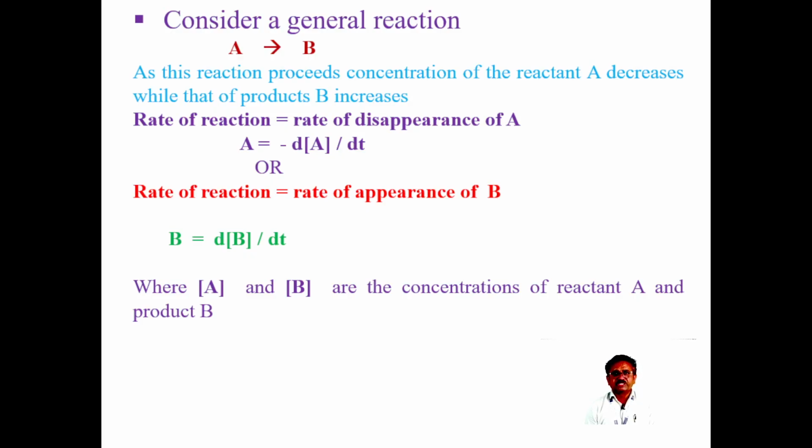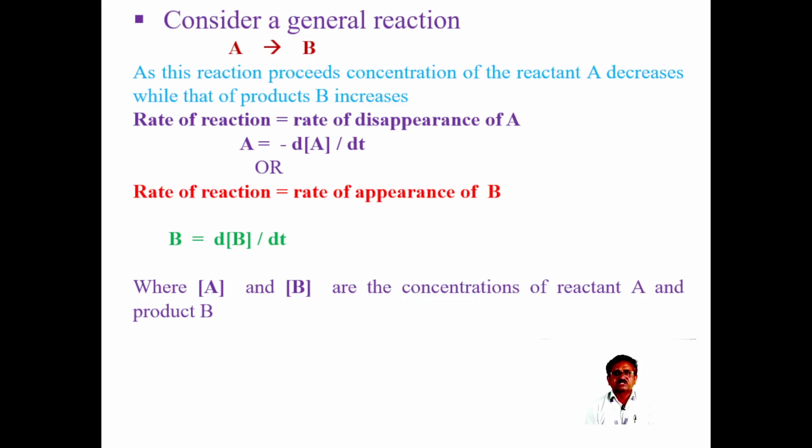As this reaction proceeds, the concentration of the reactant A decreases while that of the product B increases. So, the rate of reaction is equal to the rate of disappearance of A, and we can write that as minus delta [A] by delta t. So, you can just say minus d[A] by dt.